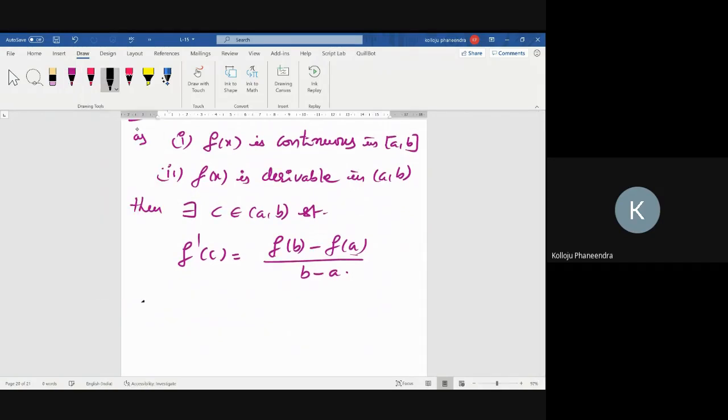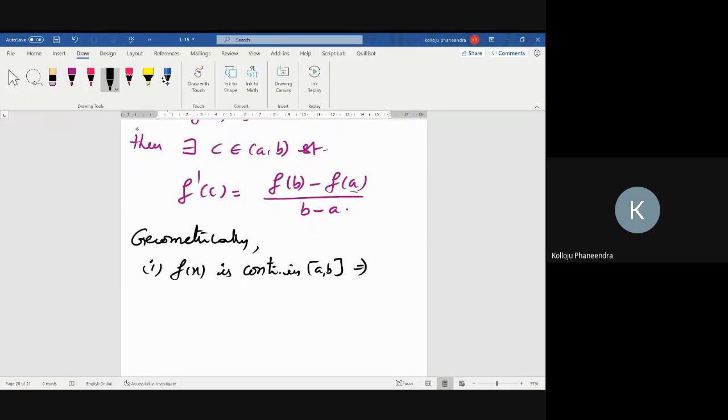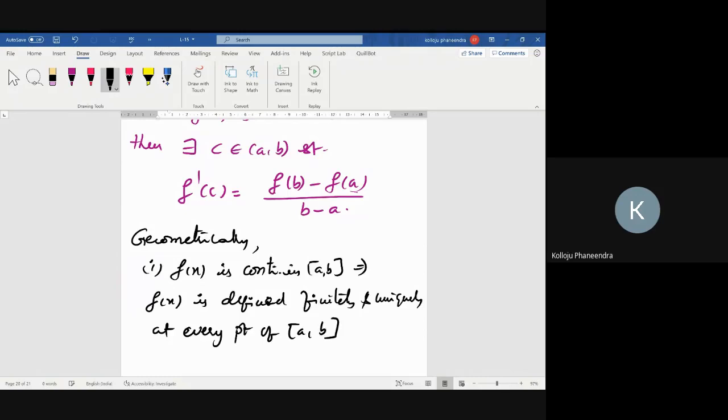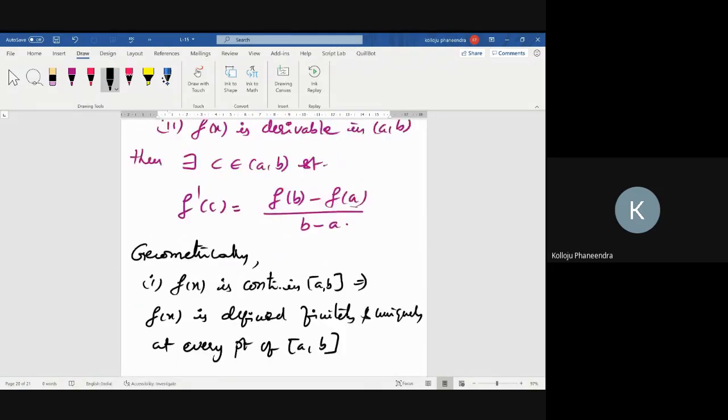Now, what is the geometrical interpretation? Geometrically, the first condition: f of x is continuous in closed AB means f of x is defined finitely and uniquely at every point of closed AB.